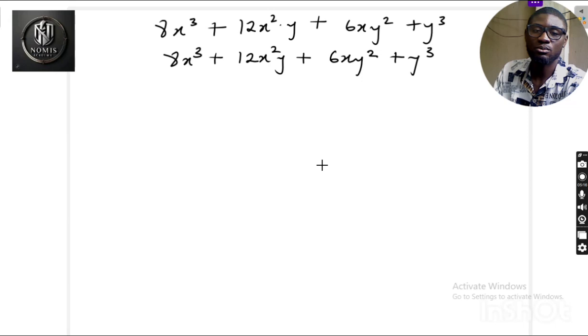Let's take example number 2 and see another dimension in which this is applicable.